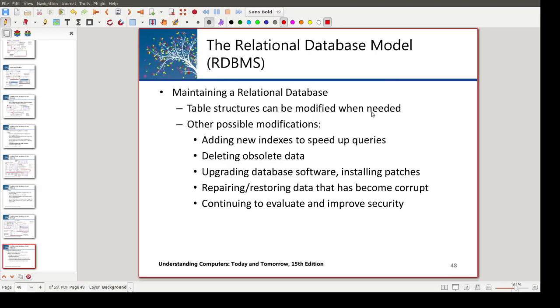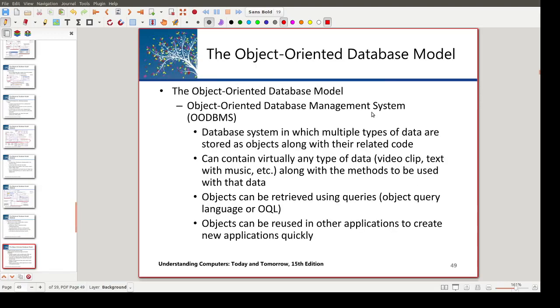Now I would like to store the enrollment date, the first time he enrolled in our faculty, for example. So if you are trying to modify, this is the step of maintaining: possible modification, adding new indices, upgrading the database, deleting obsolete data, repairing, restoring data, continuing to evaluate and improve security, and so on.